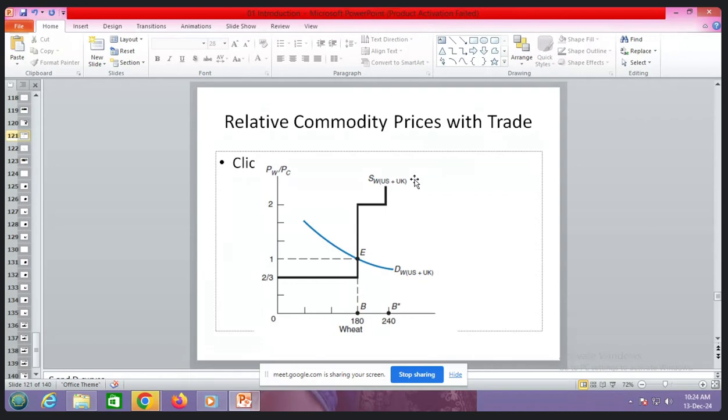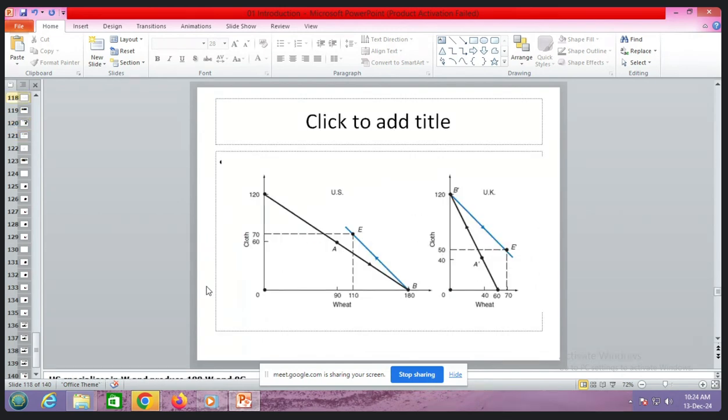What we are trying to see is the maximum supply that can happen at different relative prices. If the relative price between wheat and cloth is 2/3, which is the relative price in the US, the maximum wheat that can be produced by the US is 180. Just see this curve here.